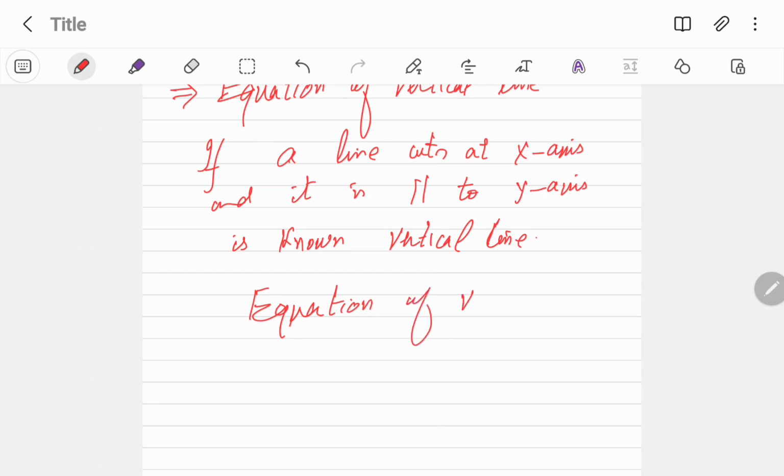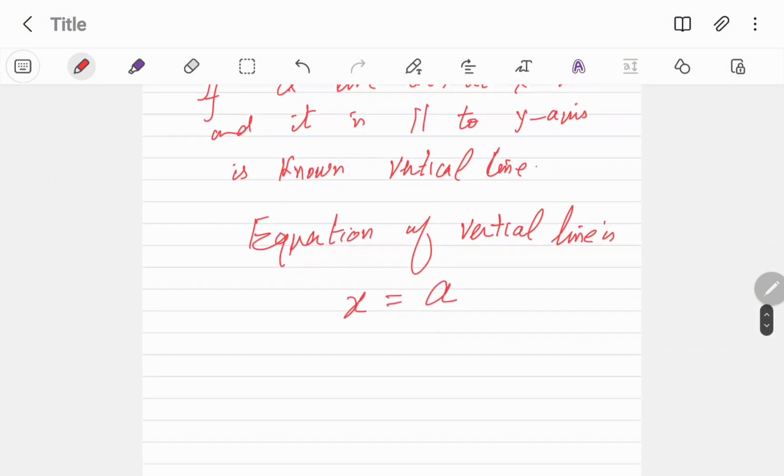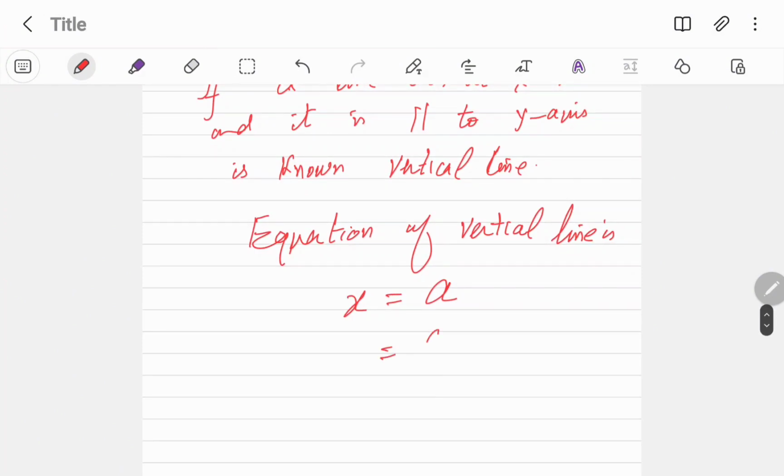Equation of vertical line is x is equal to a. What is a? A is constant.